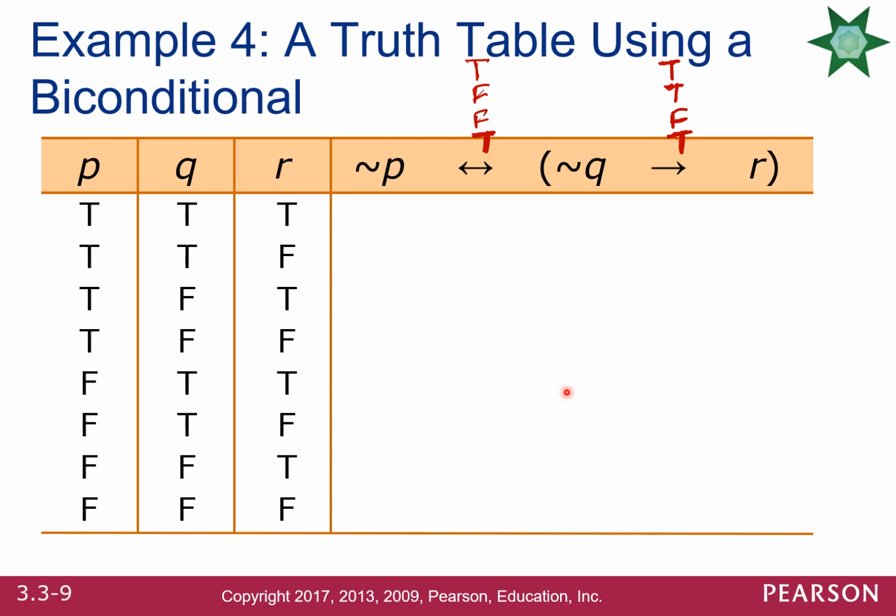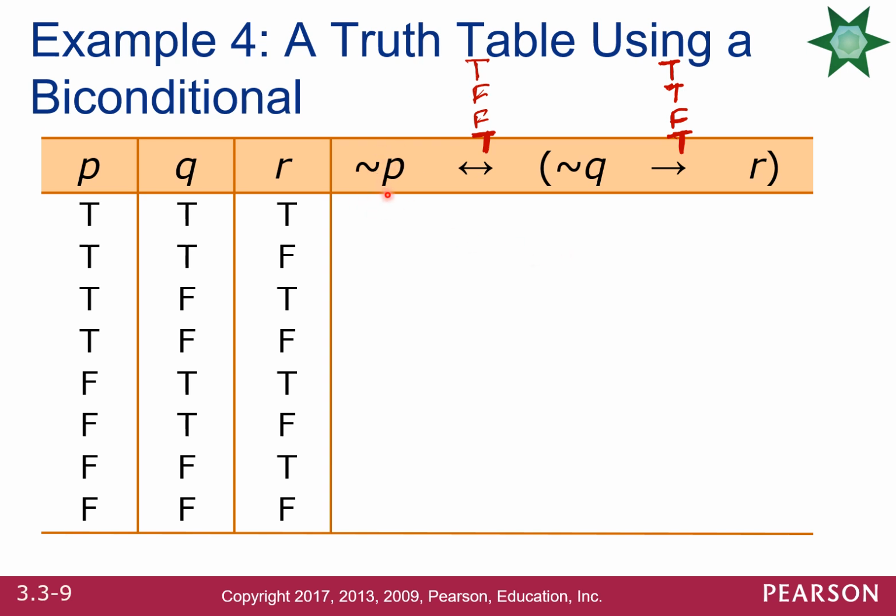Again, I'm going to pull up the results and it's going to show up one by one at a time. But over here we have three statements, P, Q, and R. So that's why you see three columns to start with, and then we have the columns for the different parts of the statement for which we are creating the truth value.